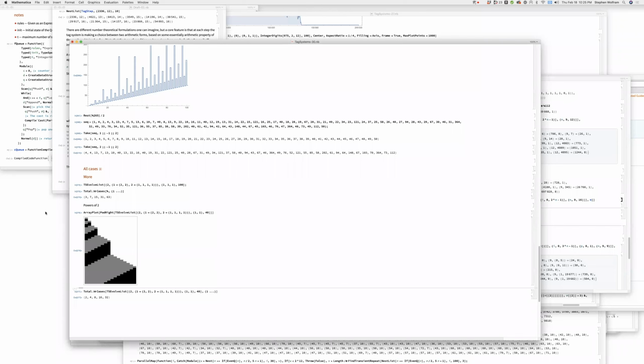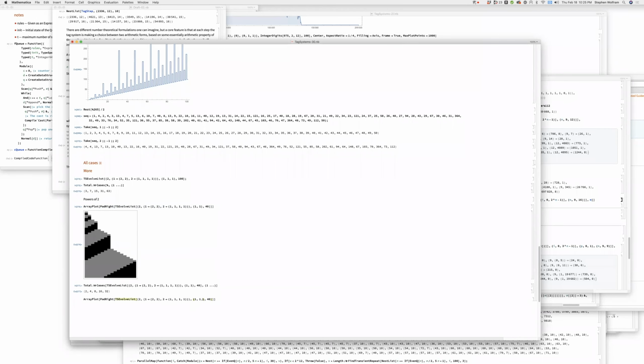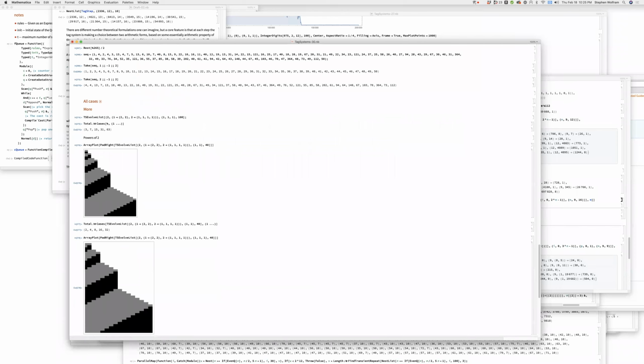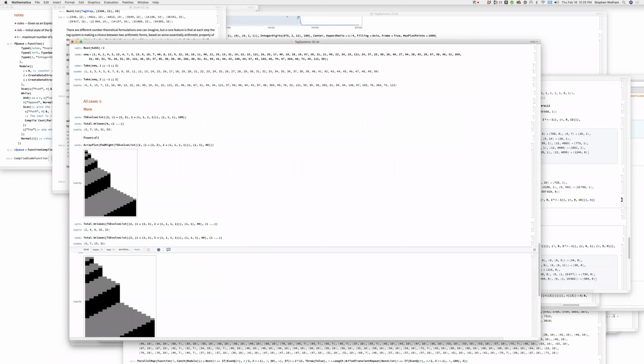So let's try starting with 1, 1, 1. Let's try 1, 1, 1, 1. Okay, so that's the next power of 2 up, right?